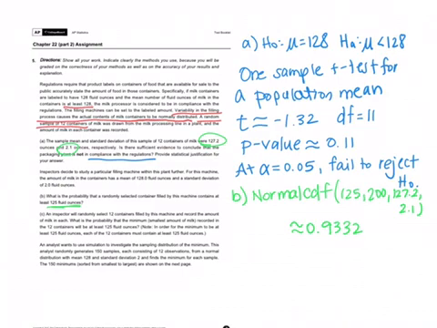So then moving on to part C, a lot of you saw what was going on here as well. It says an inspector will randomly select 12 containers filled by this machine and record the amount of milk in each. What is the probability that the minimum recorded in the 12 containers will be at least 125 fluid ounces?